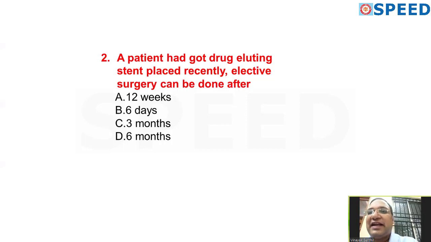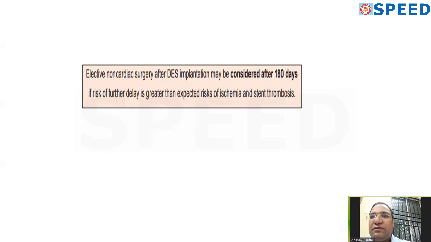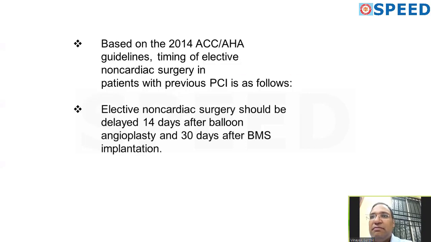Yes, excellent. The right answer is 6 months. Elective non-cardiac surgery after drug eluting stent implantation may be considered after 180 days, if the risk of further delay is greater than the expected risk of ischemia or stent thrombosis. Based on the 2014 ACC and AHA guidelines, timing of elective non-cardiac surgery in patients with previous PCI is as follows.